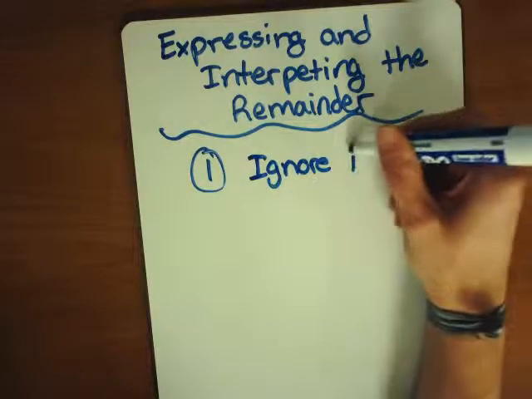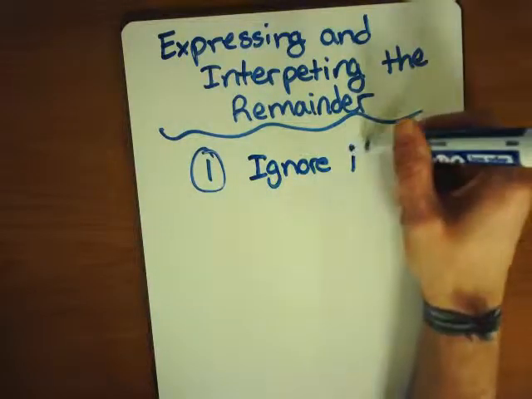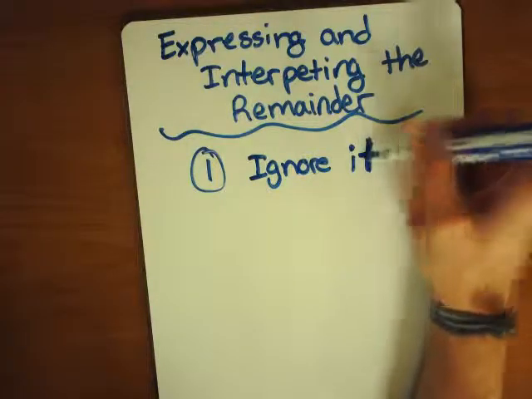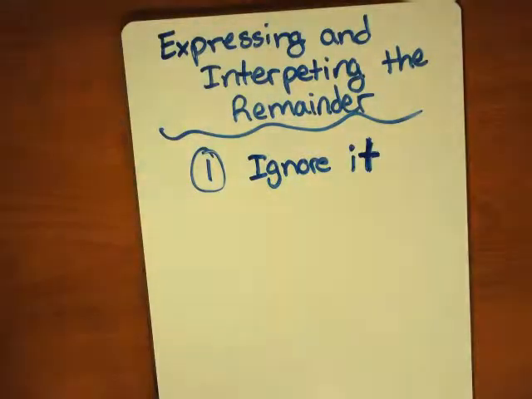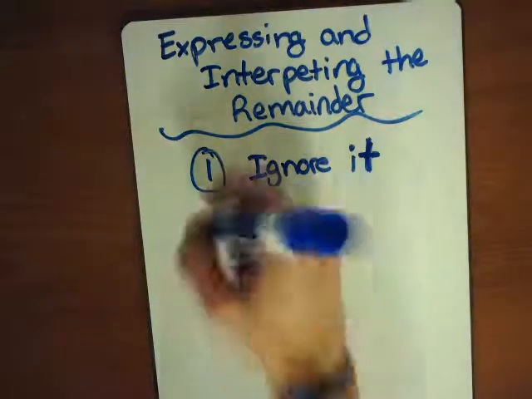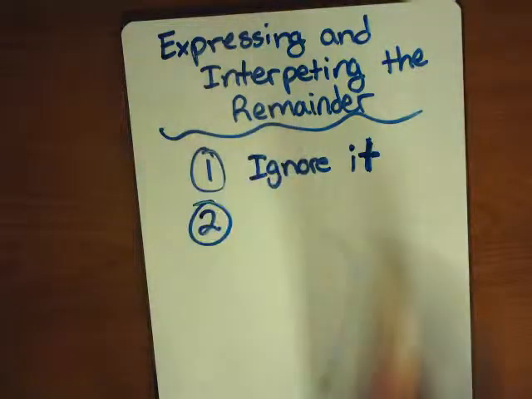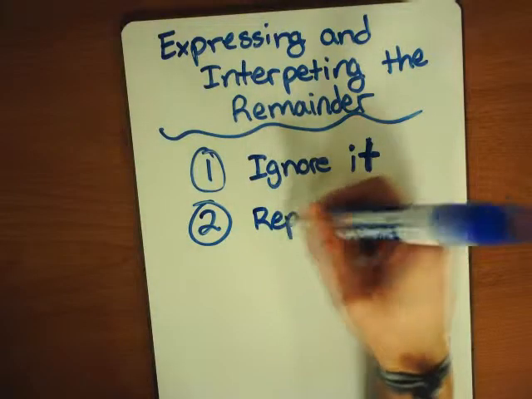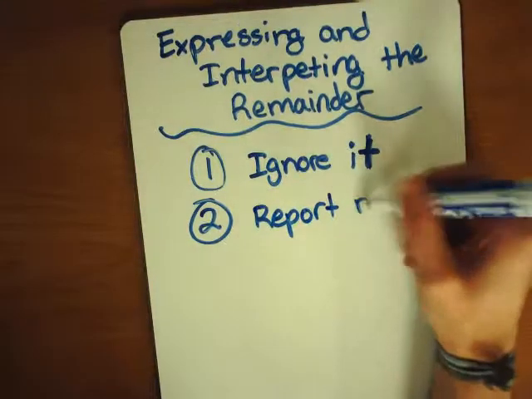So this might be in a situation where we needed to divide something out evenly and extras didn't matter in that real life situation. Okay, something else that you might need to do is report it as a fraction or a decimal. Report the remainder as a fraction or a decimal.